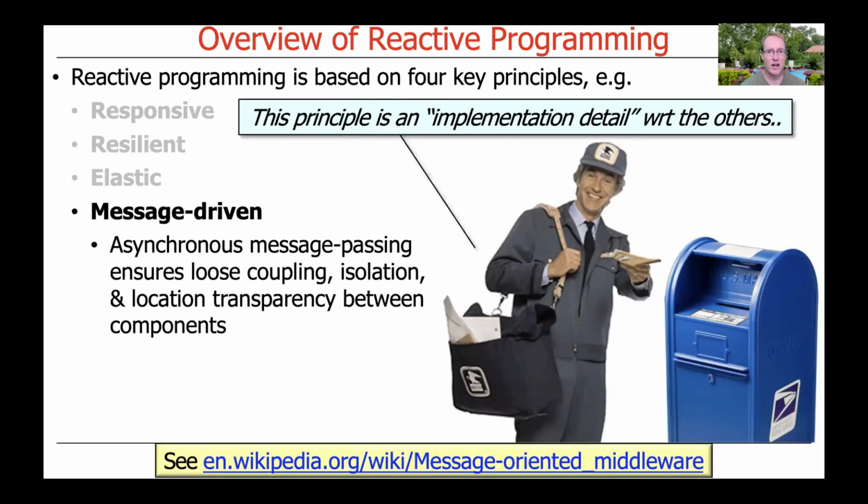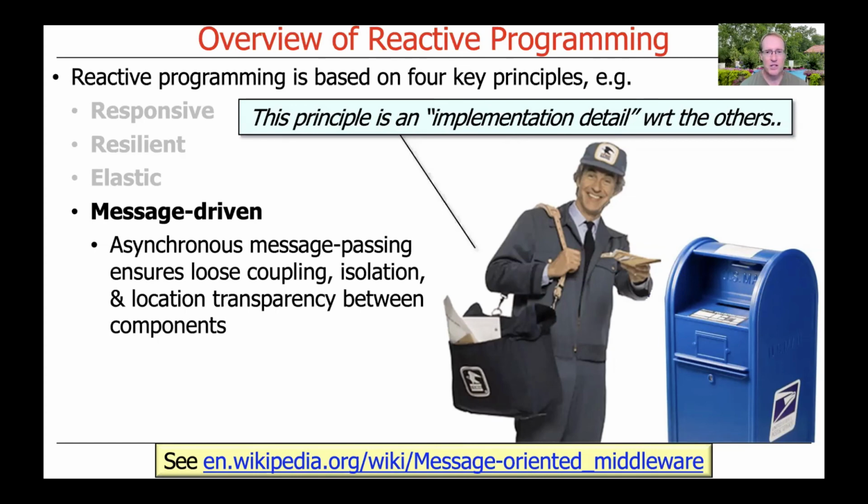And then the fourth and final principle is something called message-driven. This means you want asynchronous message passing between components that are decoupled, so they're loosely coupled. They're relatively isolated, again to help with things like resilience. And you want things ideally to be location transparent. You want to be able to run your components in different threads, different computers, and so on, without having to do a lot of extra surgery to your code to make it work in those different configurations and deployments.